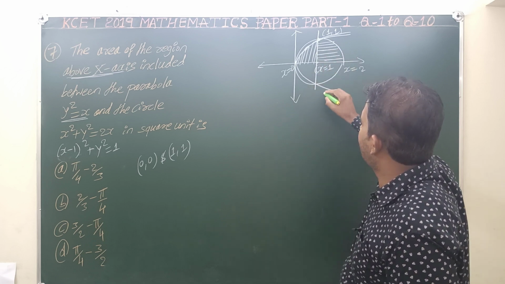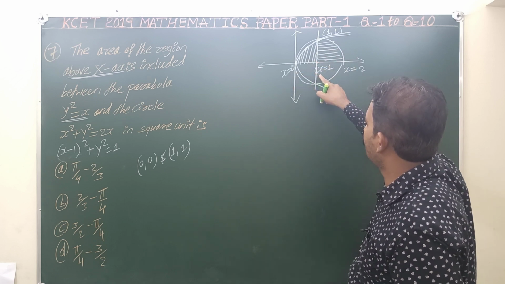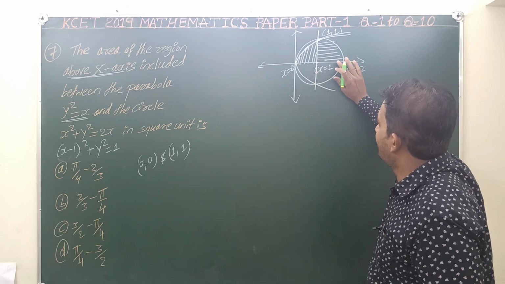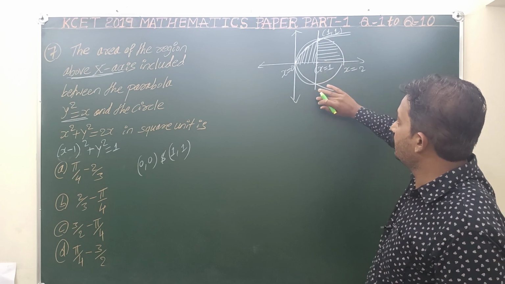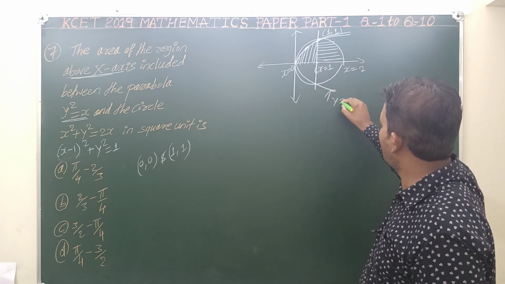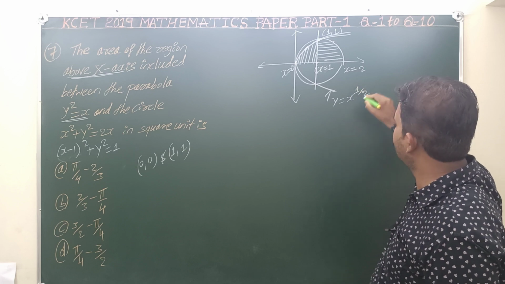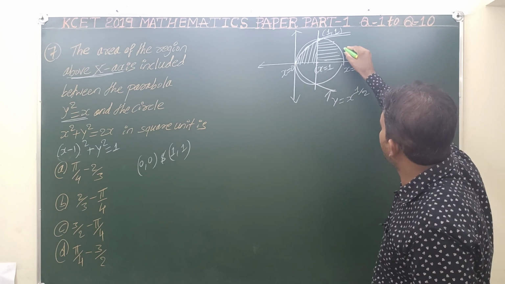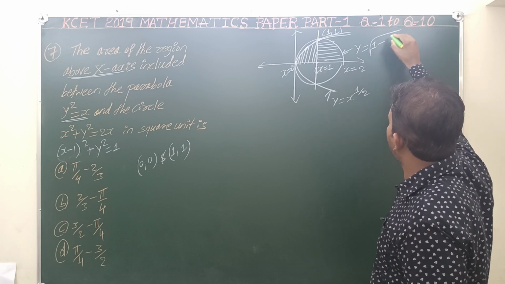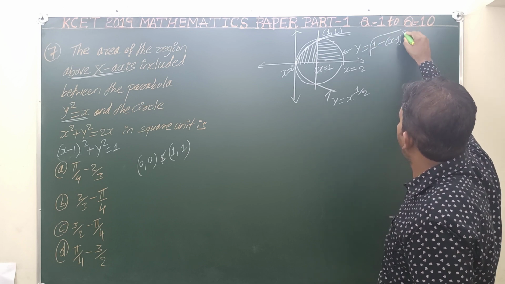First we find the area under the parabola from 0 to 1, and add to this the area under the circle from 1 to 2. Here the parabola is y equals x to the power of 1 by 2, and the circle is y equals square root of 1 minus (x minus 1) whole squared.